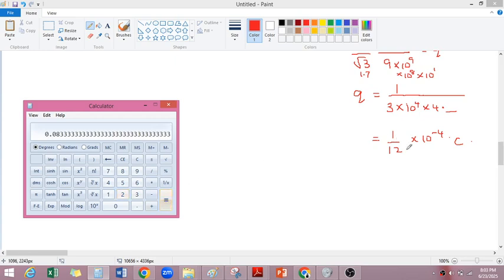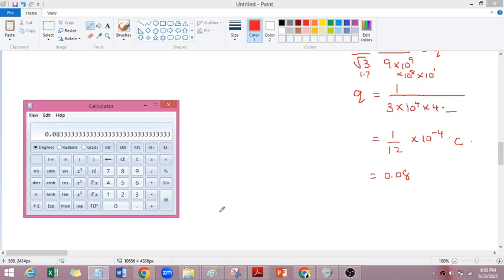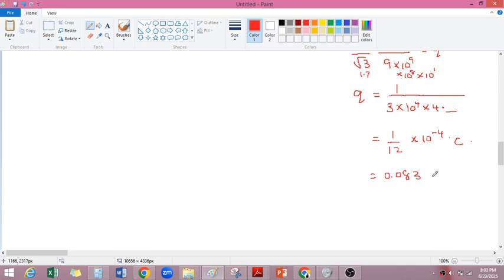So 0.083 approximately, 0.083 into 10 power minus 4 coulomb.